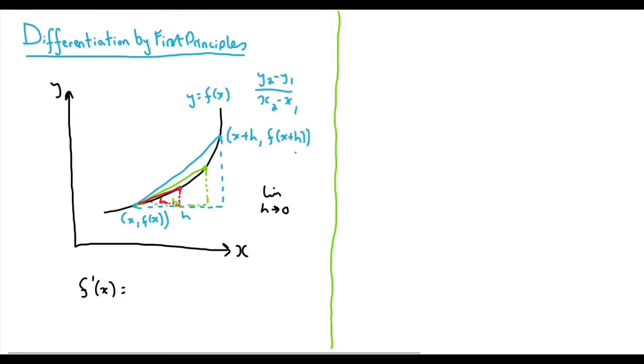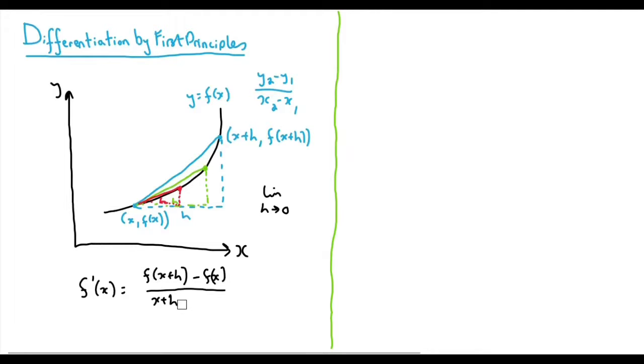So y2 is going to be this f(x plus h), and from that you'll minus your y1, which would just be f(x). And dividing this, your x2 is x plus h, and your x1 is just x. On the bottom, in the denominator, we have a plus x and a minus x.